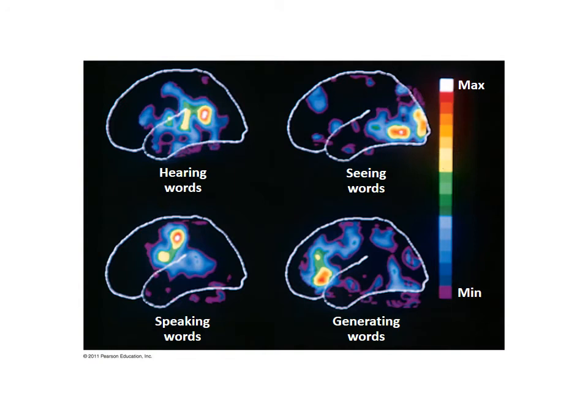When you hear words, you see different areas light up. When you see words, which is reading, notice that this is the back of the brain. And then when you're actually speaking words and not just hearing them, this area lights up. That's the area that generates words.